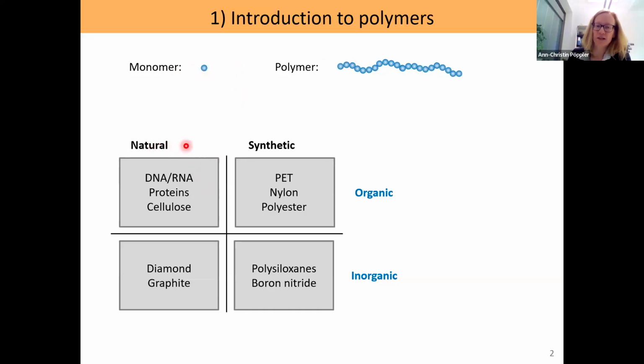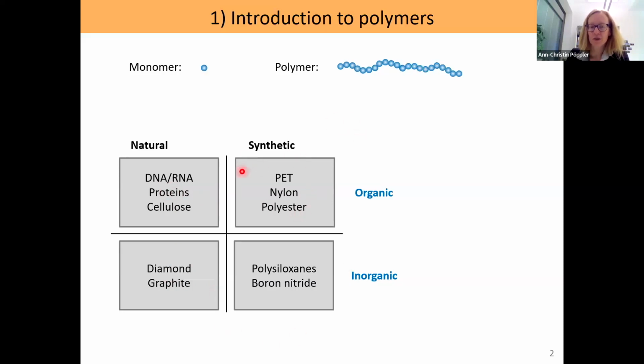And if you have a look at both natural and synthetic, organic and inorganic elements, then we find well-known DNA, RNA, cellulose, like many biopolymers. We also find diamond and graphite as inorganic materials with many repetitive units.